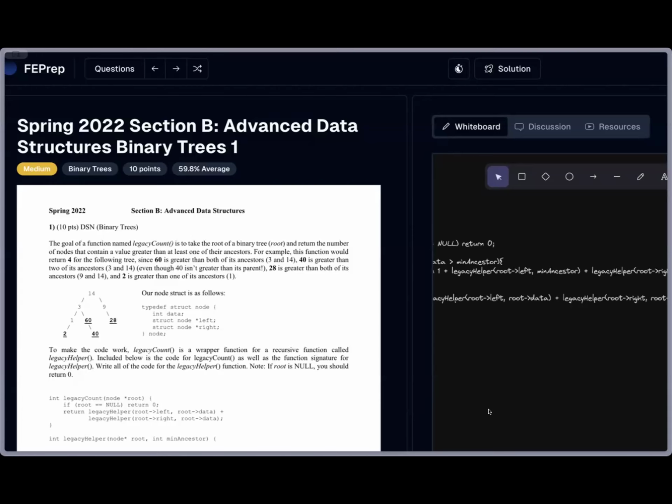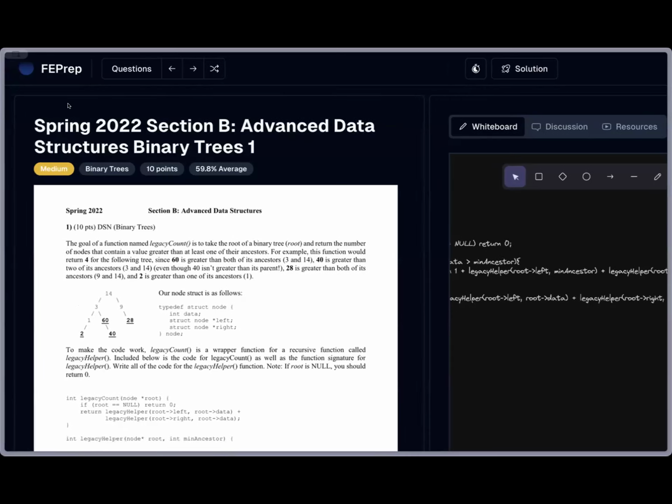Give me just a sec. Was the problem we did first the BST or the binary tree question? The assign heights. I think that one was a binary tree question. I'd have to take a look at it again.